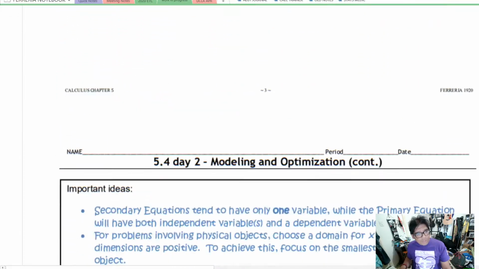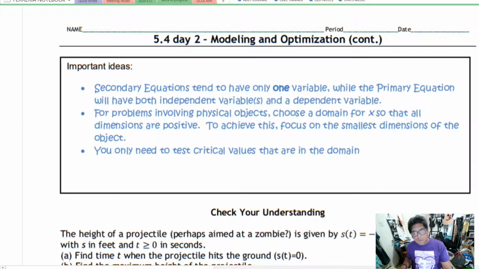Which brings us to our important ideas. Secondary equations tend to only have one variable, while primary equations will have both independent and dependent variables.